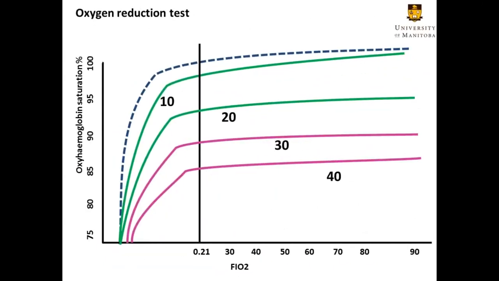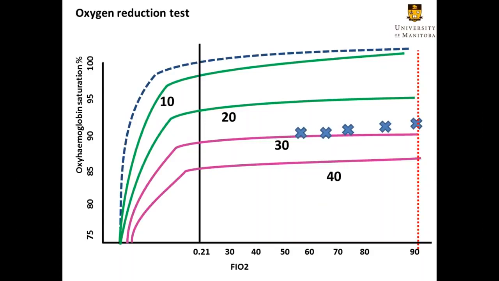So if we apply oxygen reduction test on the infant with right to left shunt, you start with a point almost at 90% FiO2, and wean down step by step, 85, then 80, and then 70, 65, and you have the saturation. There is almost no change in saturation because you are giving extra oxygen unnecessarily, and we are weaning back the oxygen.